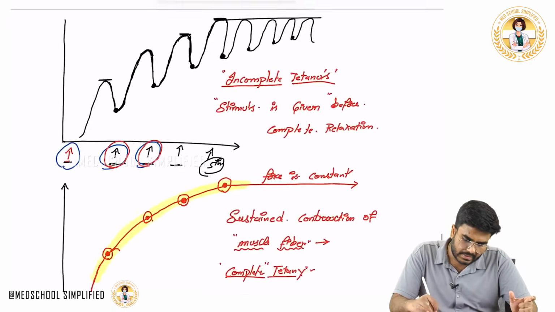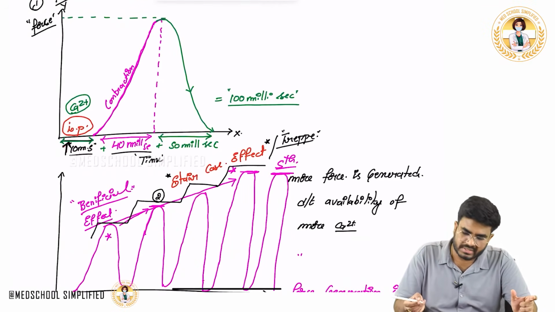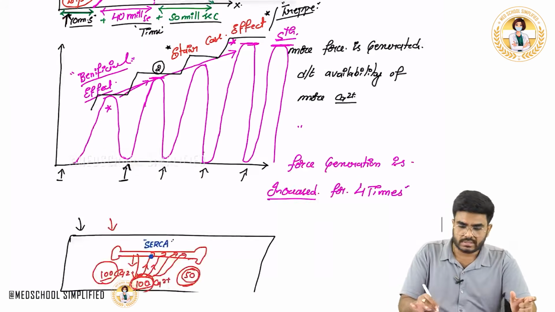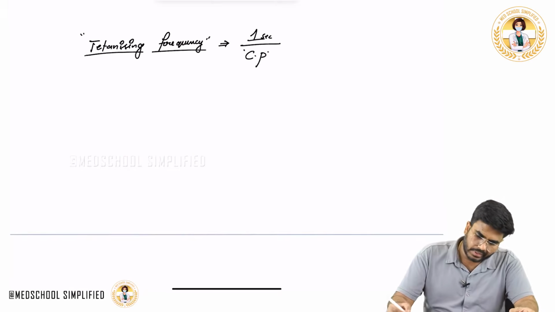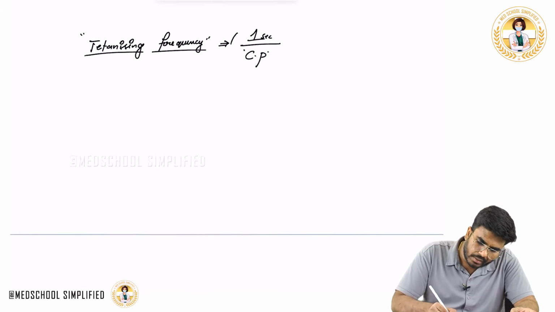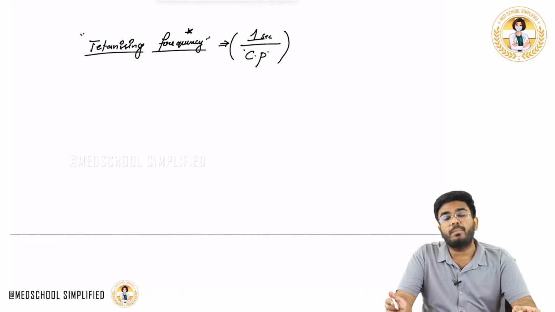I have written here 40 milliseconds contraction period time, 40 milliseconds relaxation time, 50 milliseconds. So 1 second divided by the contraction period gives the tetanizing frequency of that particular muscle.